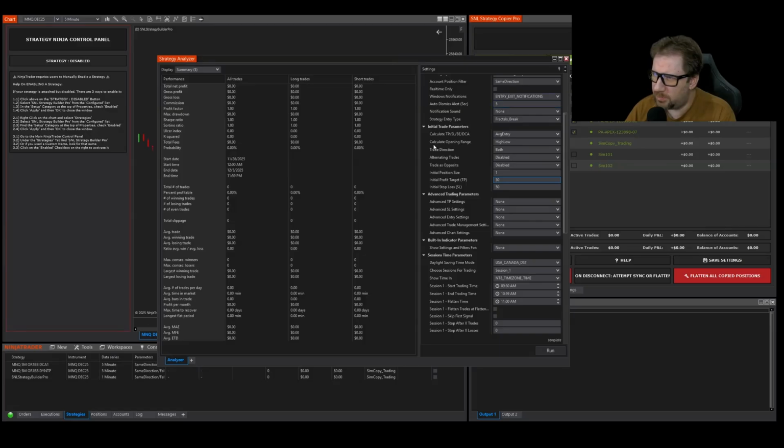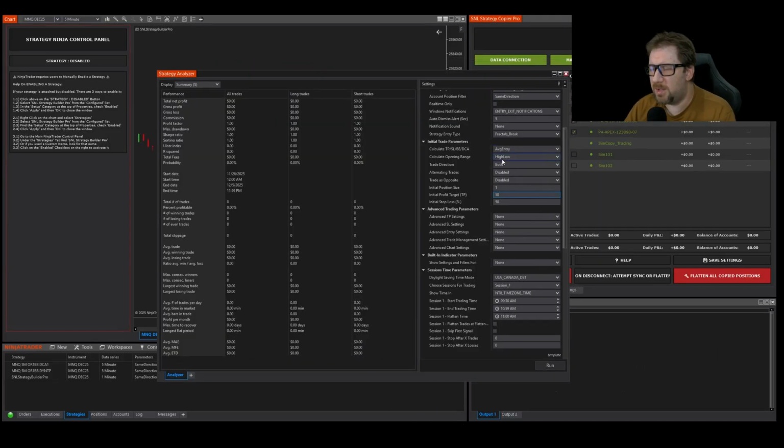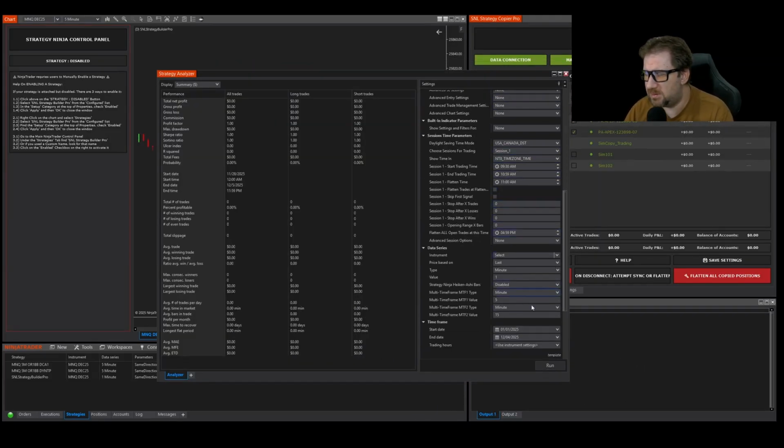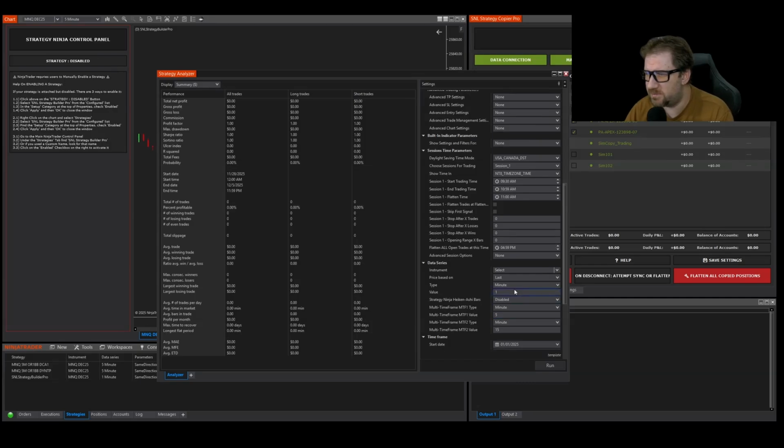And the entire builder is defaulted to basically nothing is applied other than your target profit, stop loss, and entry type defaulted to a fractals break. Other than that, if you look at any of our settings, it's a very basic system. So even our time parameters is just set to New York Open Eastern time.